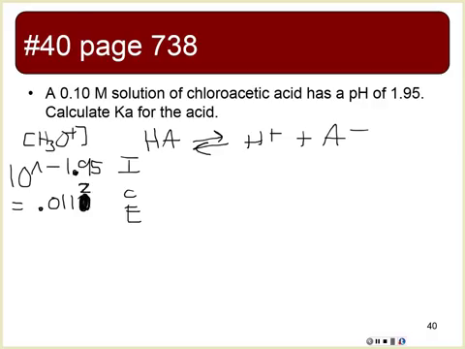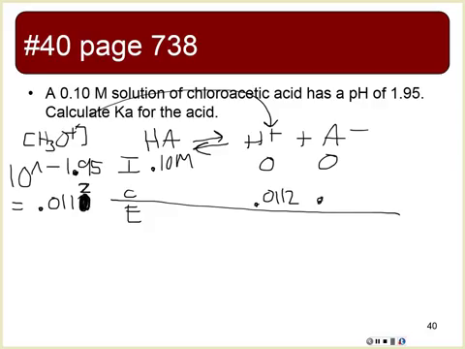Okay. So initially, what's our concentration of HA, our weak acid? 0.10, right? Because it tells us that. So we always have 0 and 0. This right here is the same as that, so that's what we just found, 0.0112.